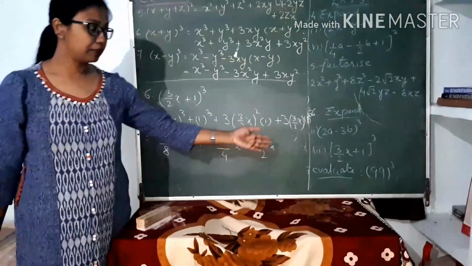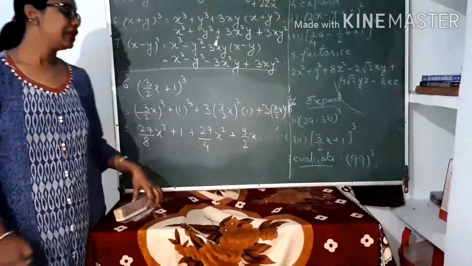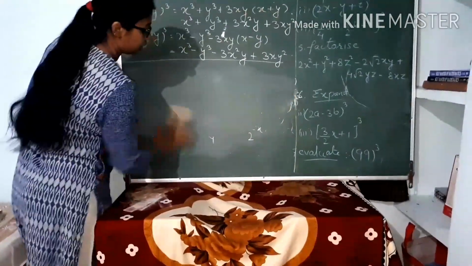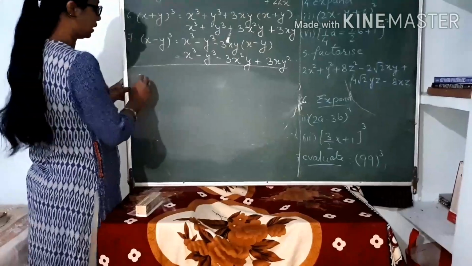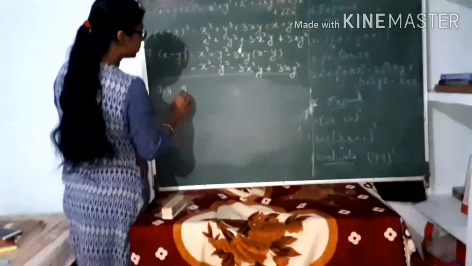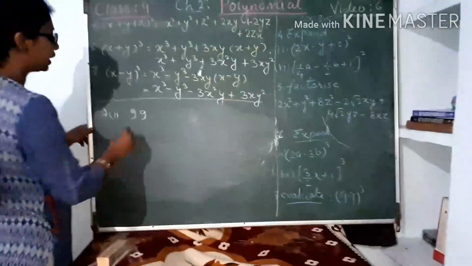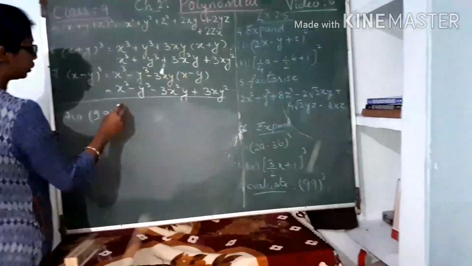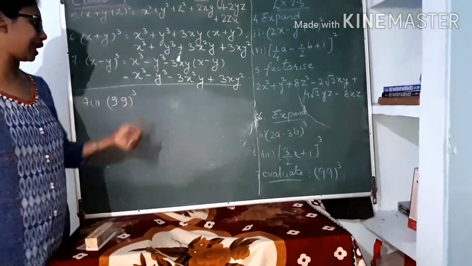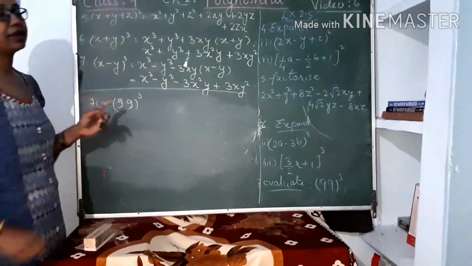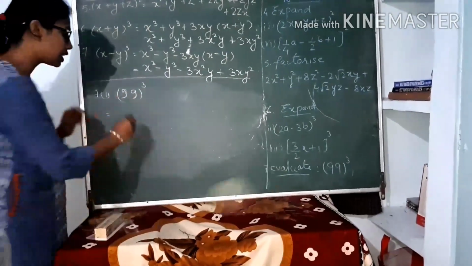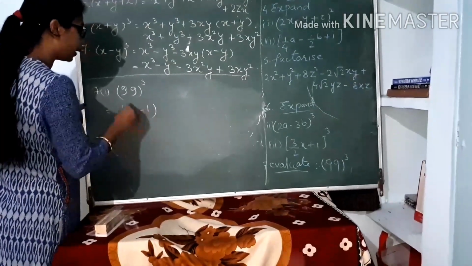Now applying the same formula for 99 cube. Here also I have written the question in short. The question was to evaluate 99 cube without doing the cubing, by using the identities. We can write this as 90 plus 9 whole cube, or the second way of writing is 100 minus 1 cube.